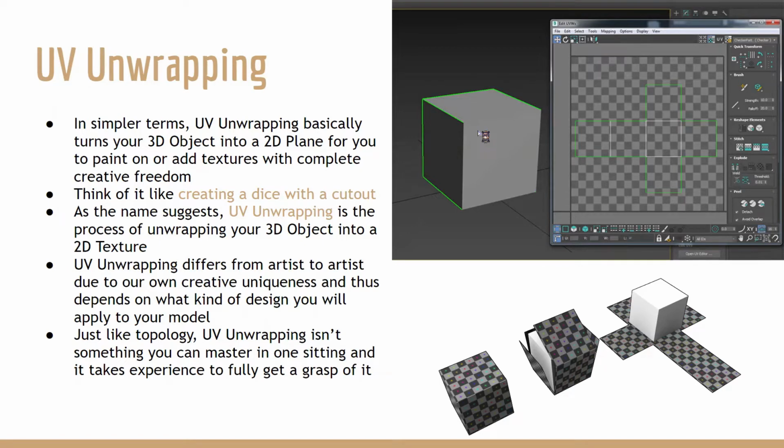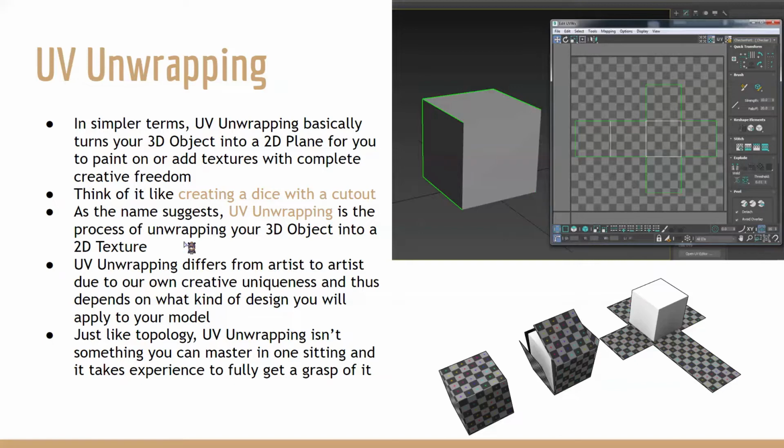At one point in your life, definitely na-encounter niyo na itong specific na layout to create a box or a dice. Agree tayo lahat dyan? Itong T-shape na cutout natin dito, think of it like creating a dice with a cutout, as the name suggests.